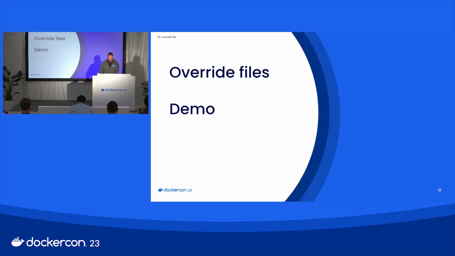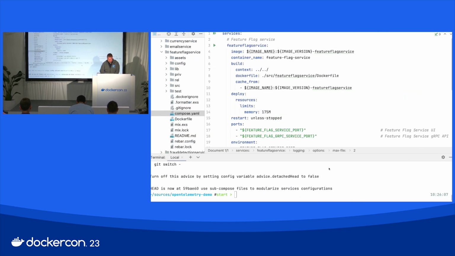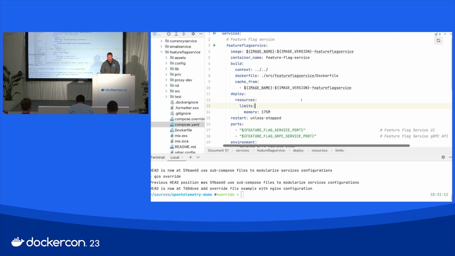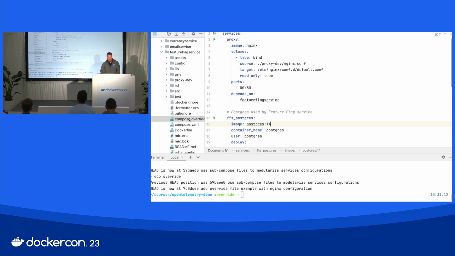So let's do a quick demo of that. I still have my feature flag service declared there, and I now have a compose override YAML file.